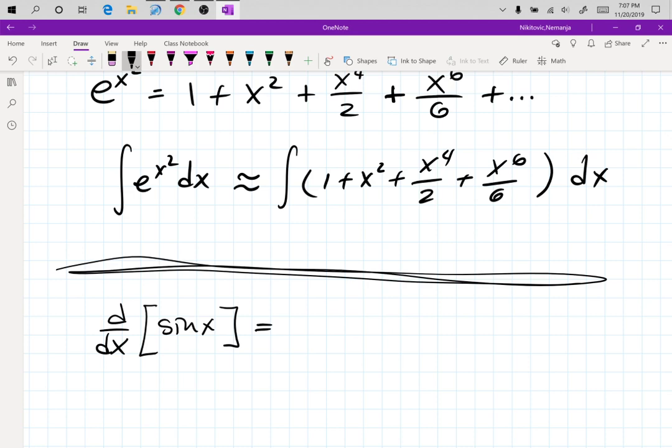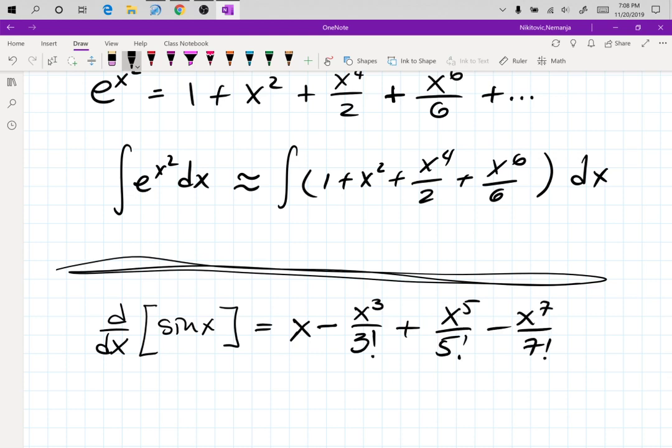We have x minus x cubed over 3 factorial plus x to the 5 over 5 factorial minus x to the 7 over 7 factorial plus x to the 9 and then 11 and then 13.